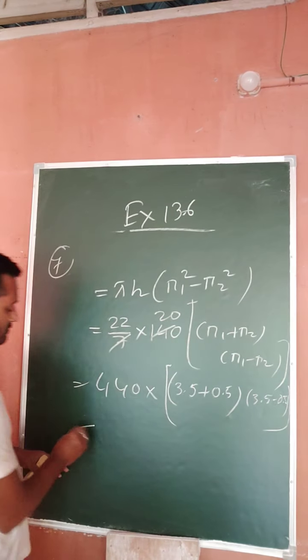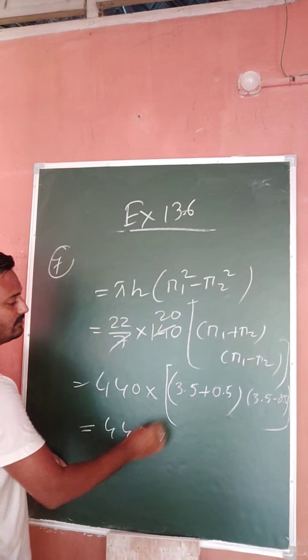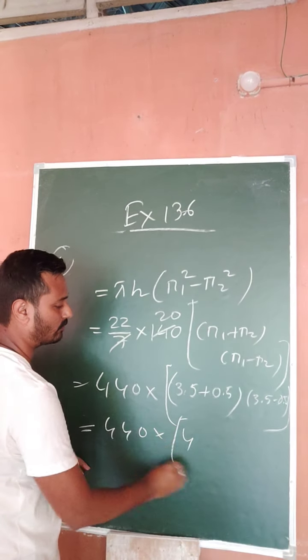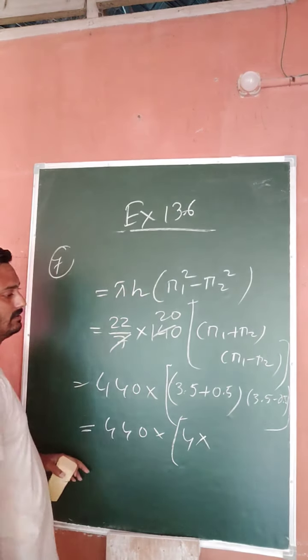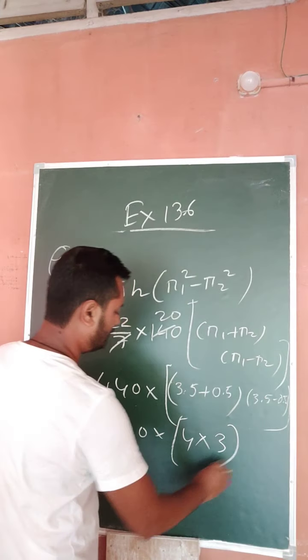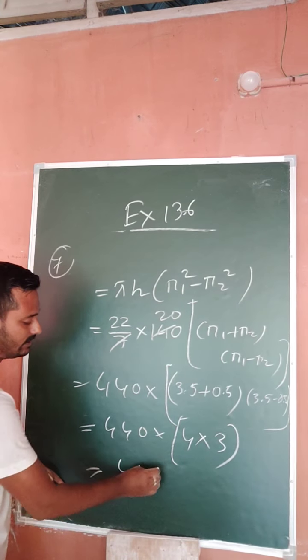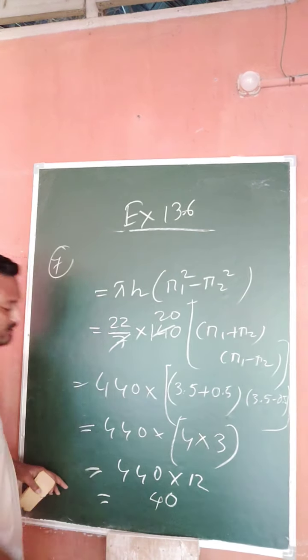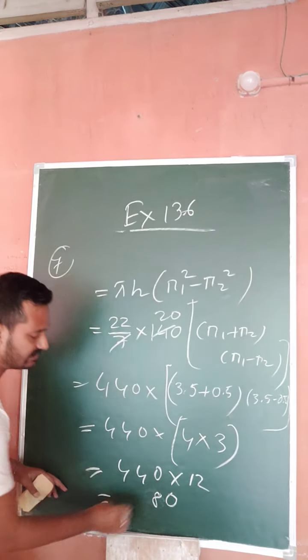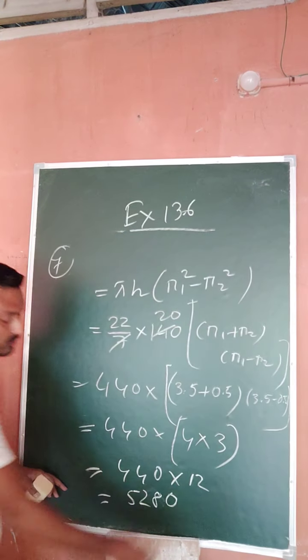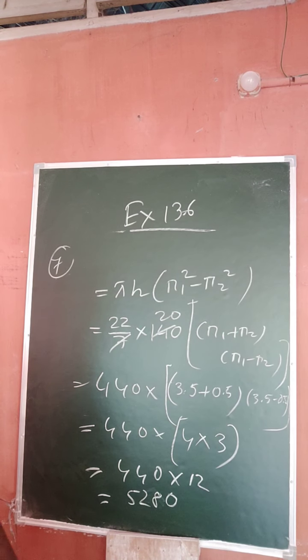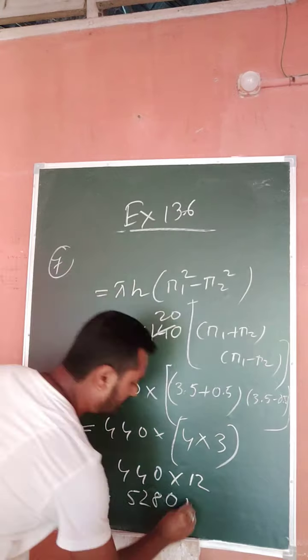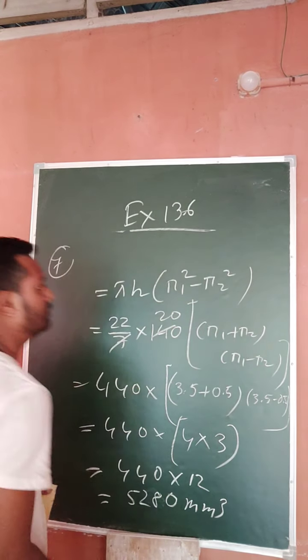So 440 into 4 and 3. 4 into 3 is 12. It means 440 into 12. So 12 into 440 is 5280. Okay, so 5280 what? Millimeter cube.